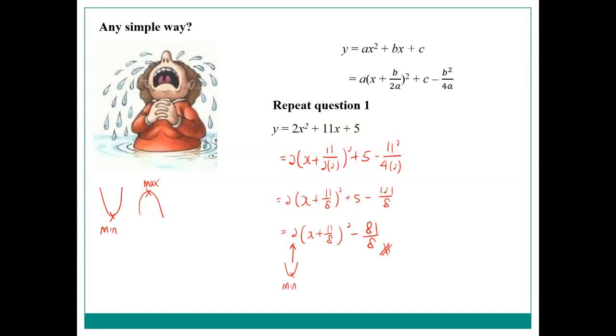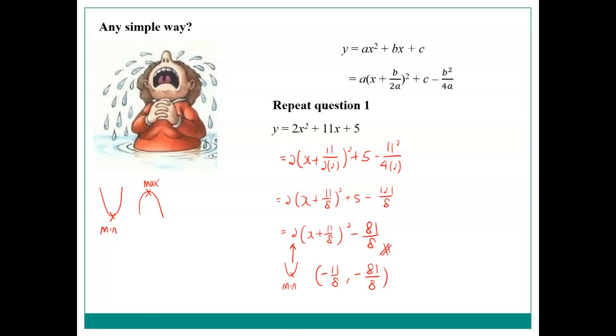And the coordinate of this minimum point is negative 11 over 8, and negative 81 over 8. So when you copy the number here, you have to change the sign. For the x coordinate, you must change the sign, whereas for the y coordinate, you do not need to change the sign. So this is the location of the minimum point.